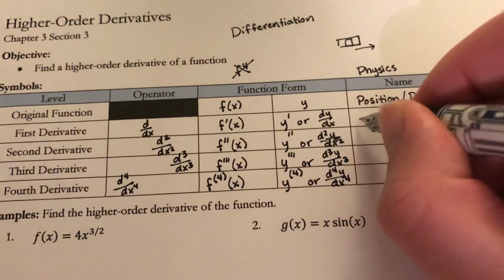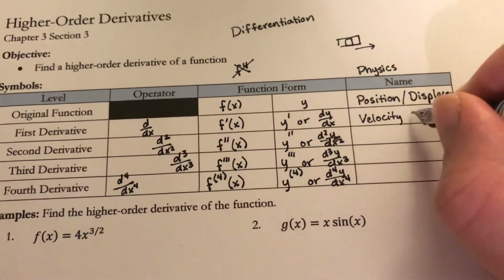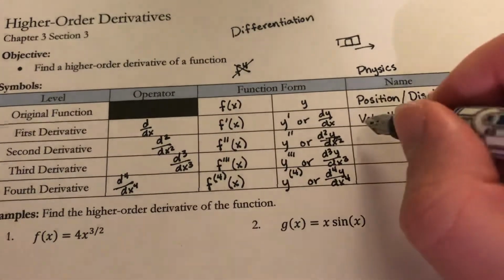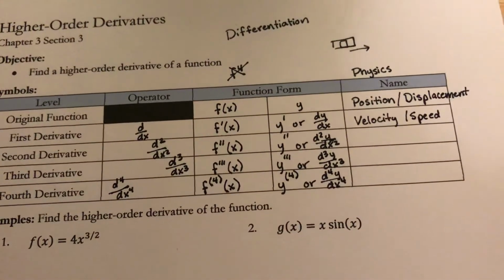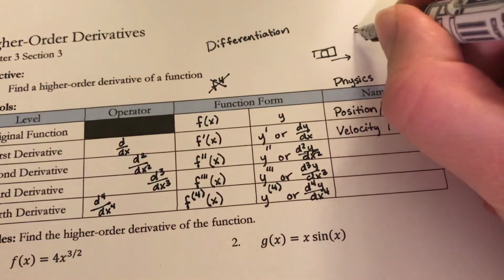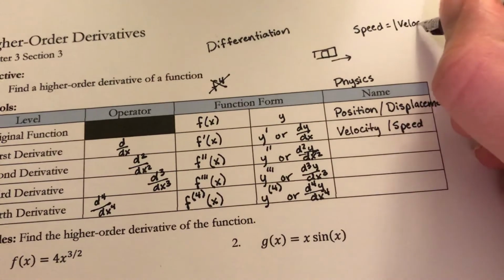From there, we'll talk about the first derivative, which is also called velocity or speed. Now, again, these are related, but they're not exactly the same thing. Velocity could be positive or negative, whereas speed cannot. What I mean by that is speed is actually the absolute value of the velocity.